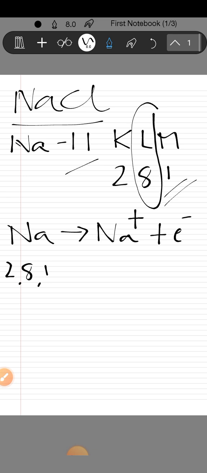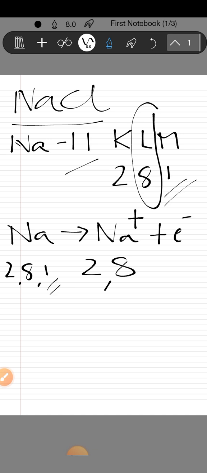Whereas if we're talking about a non-metal, they have a tendency to accept electrons and they gain a negative charge, and they're called an anion. So now this is sodium cation, so 2 comma 8. This means that one electron of sodium has been donated to some other atom which is ready to accept.